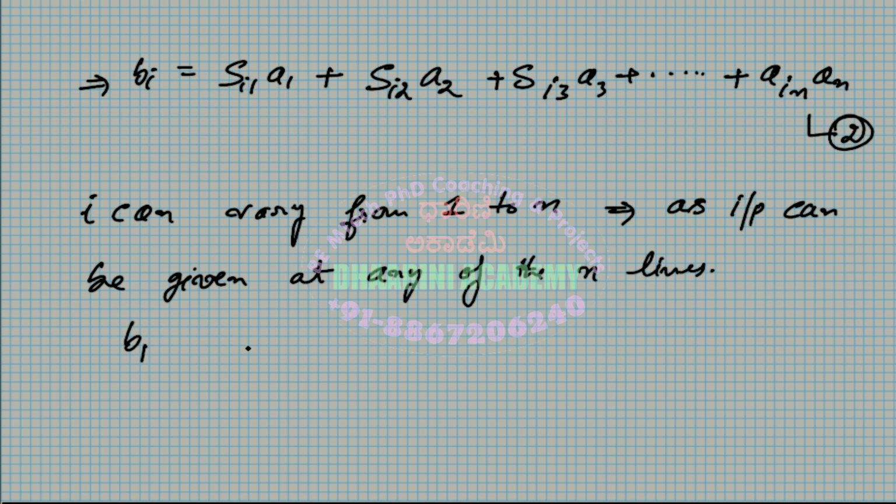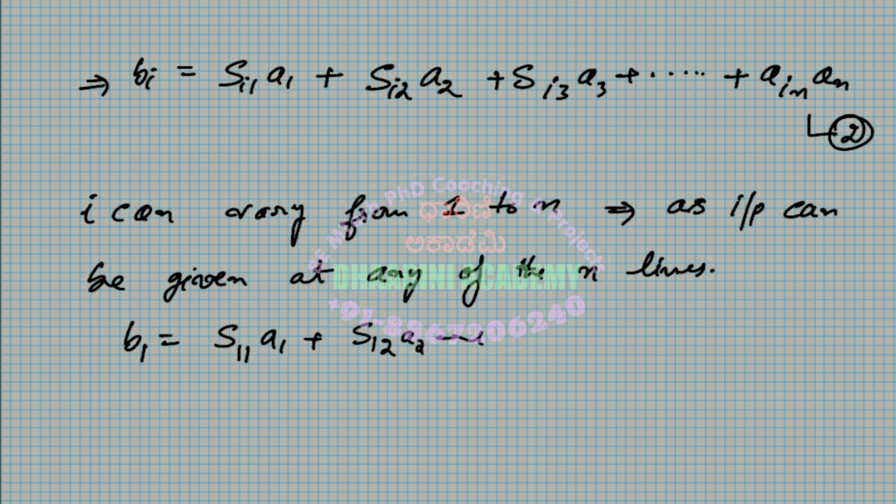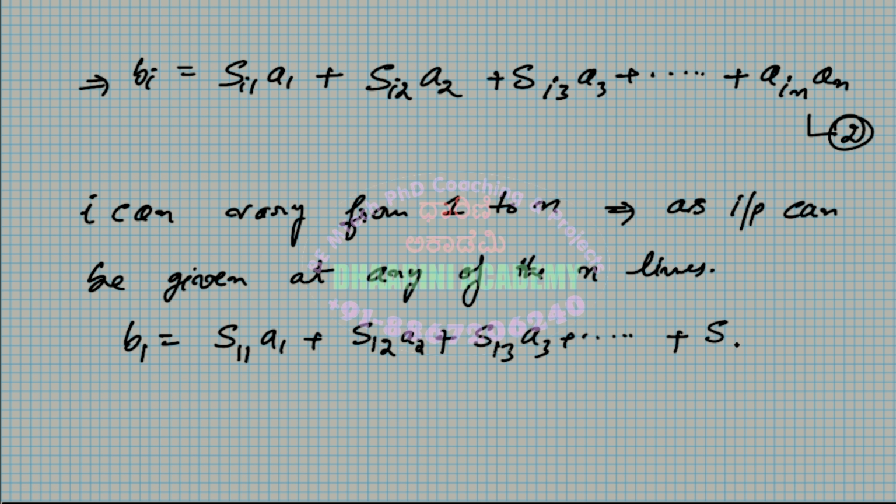So it is S11 A1 plus S12 A2, replacing i as 1 now, plus S13 A3, dot dot dot. The last term is S1N AN.